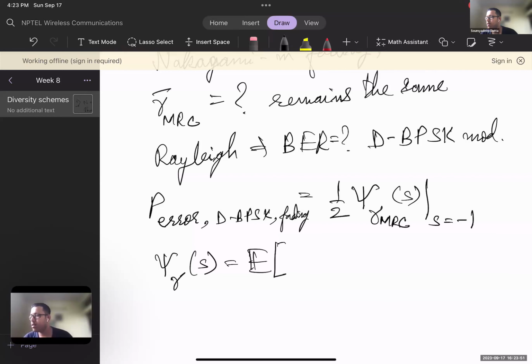Essentially it's kind of the average of the Laplacian. And so the formula is something like this: 1 by 1 minus gamma s.